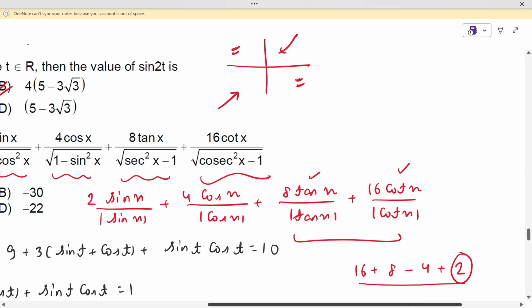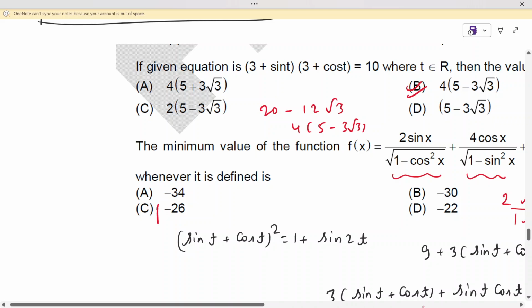Oh, sorry. Yeah. Minus 24. And in the fourth, what will happen? Sine will become negative and cos will become positive. So actually plus 4 minus 2. This is the minimum value, isn't it? Fine. So minus 24 minus 4 plus 2. So minus 28 plus 2 is minus 26, right? This is the minimum. Got it? That's how we have to solve.